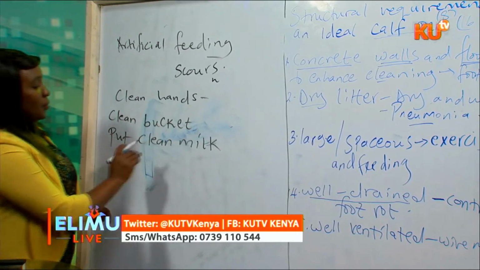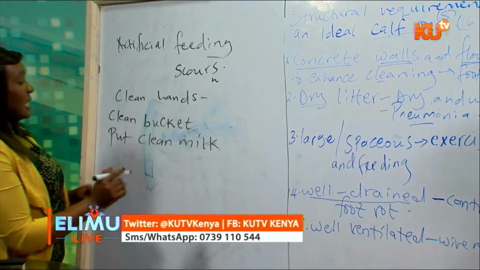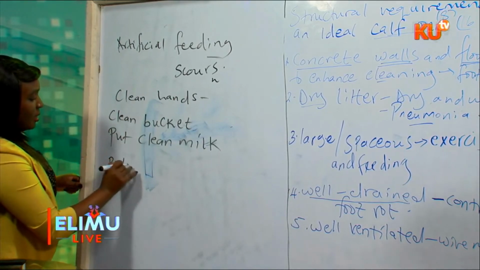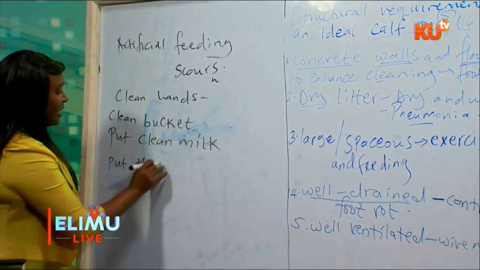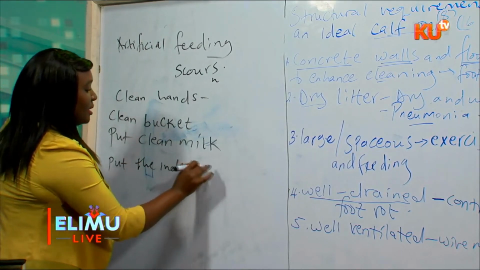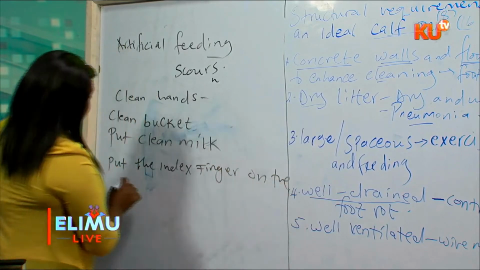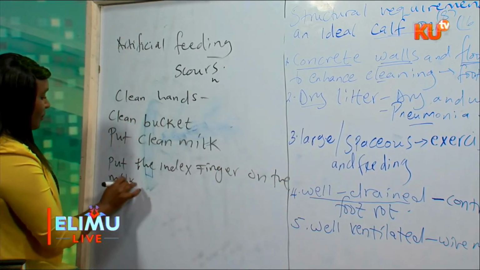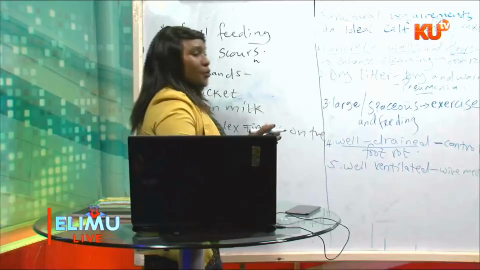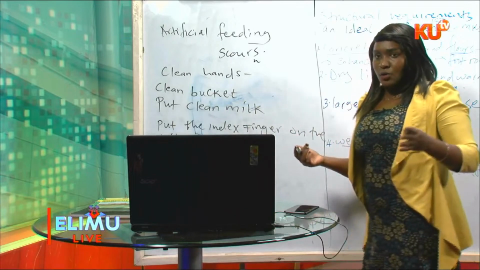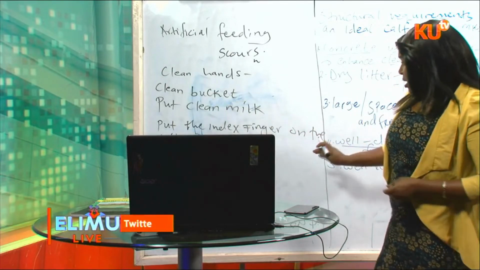And then after you put clean milk and the hands are clean, the next thing is you put the index finger on the milk. Then you entice, or you bring the calf so that you can make it to drink.